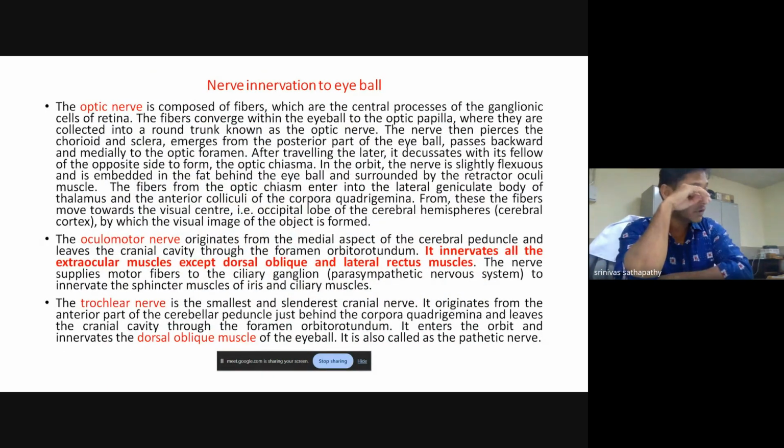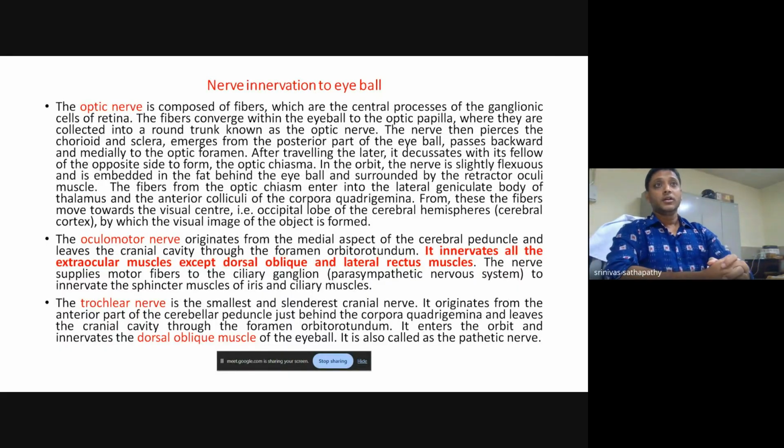Now coming to the important part, that is the nerve innervation of the eye. First one is the optic nerve. It is the sensory nerve. As we have seen, the axonal fibers of the retina unite to form a single nerve, that is the optic nerve. It passes through the optic foramen, which I had shown you in the previous slides.